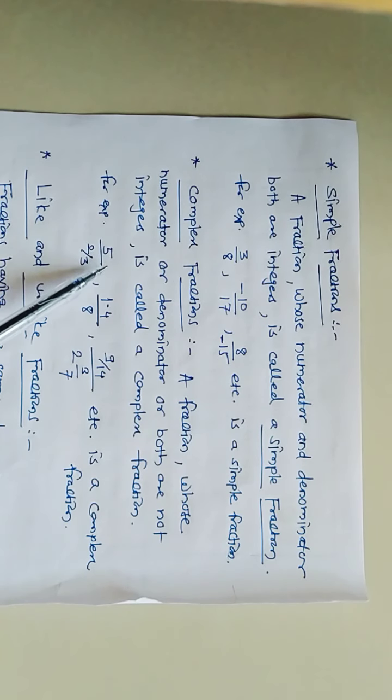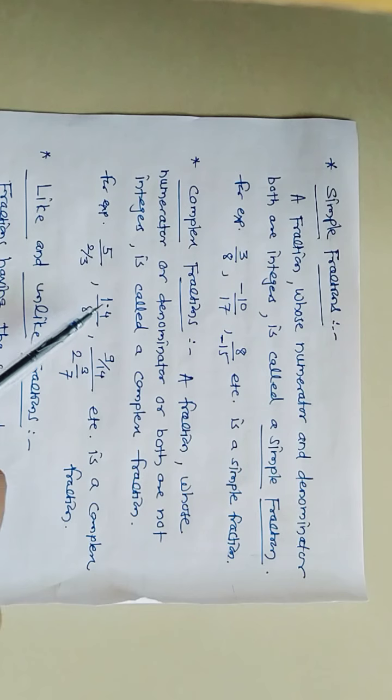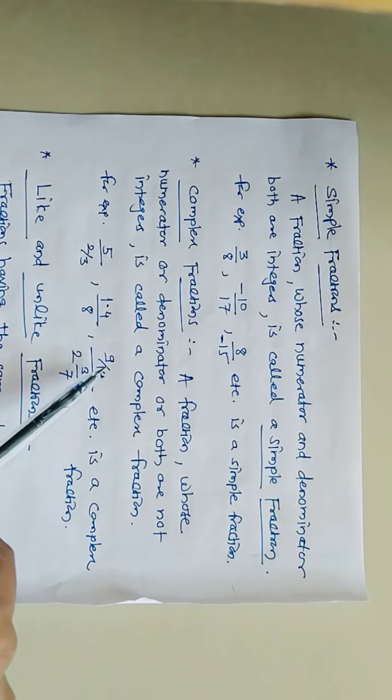See numerator 5, denominator 2/3. 2/3 is not an integer, so this fraction is called a complex fraction. Here 1.4/8: the numerator is 1.4, a decimal, so this fraction is called a complex fraction. See numerator 9/14 and denominator 2 whole 3/7. So this is also an example of a complex fraction. All these are examples of complex fractions.